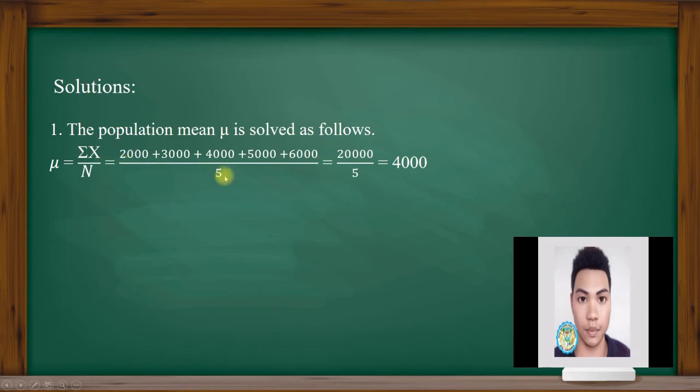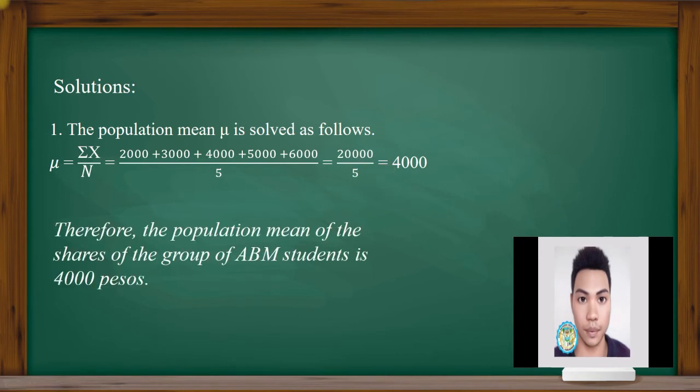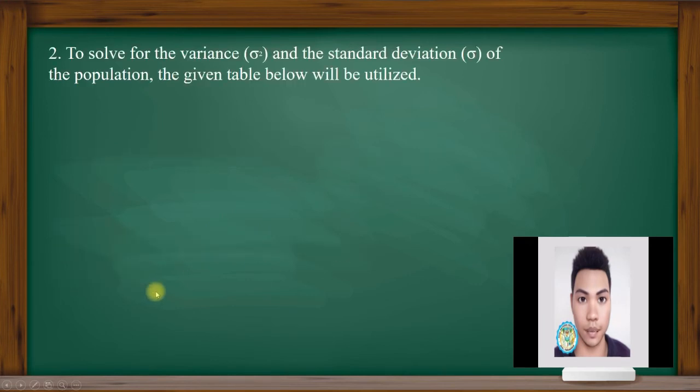And then divided by 5 kasi 5 yung shares nila. So, pag pinag-add mo to, 20,000 over 5. So 20,000 divided by 5 is equal to 4,000. Therefore, the population mean of the shares of the group of ABM students is 4,000 pesos.